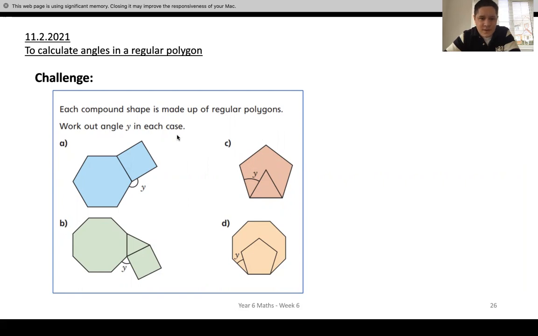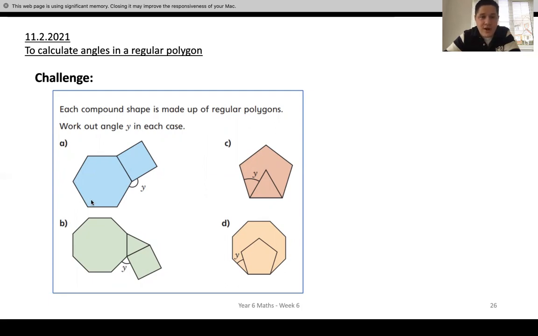So you're going to have to work out, on this one, I'm going to do the blue one as an example. I know that all the angles in a square are right angles. So that means that this one here must be 90 degrees. Then I know how to work out the interior angles of a hexagon. I'm going to split it into triangles. Watch. 1, 2, 3, and then my fourth triangle.